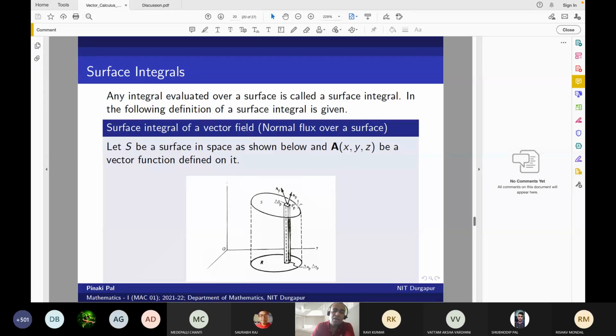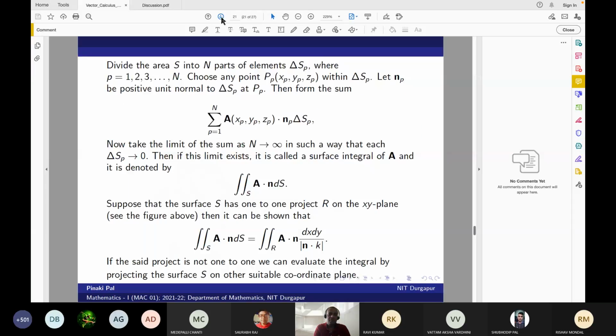In this case, we have a vector function associated with the integral, and we take the value of that vector function at a particular point within the element, then take its normal component, which is the contribution of the function, and then multiply that number with this delta S. This is our integration element, and we calculate it for each and every element into which we have divided the surface area S, and then we form the sum.